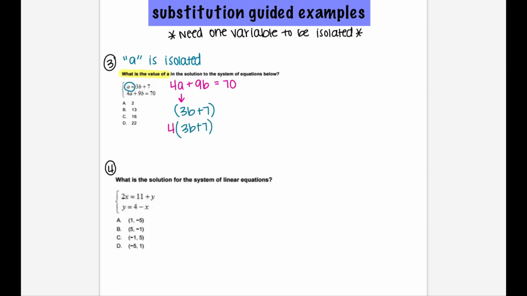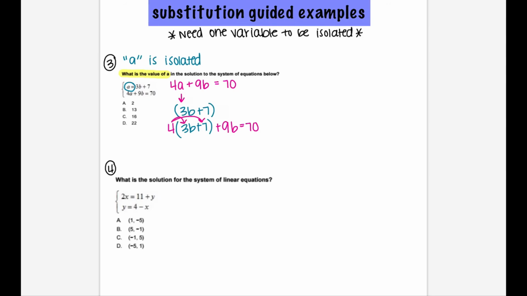So it's 4. Instead of a, we're putting 3b plus 7 and bring down the rest of that equation. Okay, so now we can solve for b.